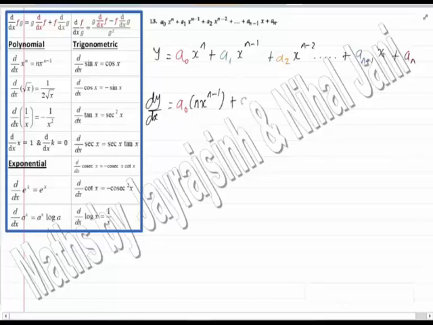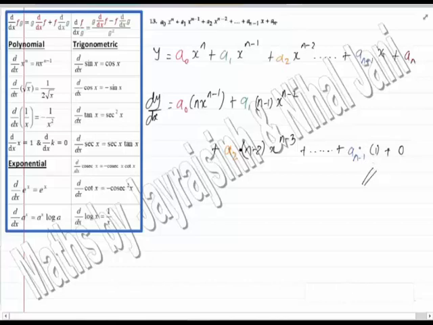In the second term, a1 is constant, and differentiation of x raised to n minus 1 will be n minus 1 times x raised to n minus 2, plus a2 as it is, and differentiation of x raised to n minus 2 is n minus 2 times x raised to n minus 2 minus 1, so it will be minus 3, dot dot dot. a n minus 1 is constant, differentiation of x will be 1, and finally a n, which is a purely constant term, will be 0. Ta-da! This is your answer.